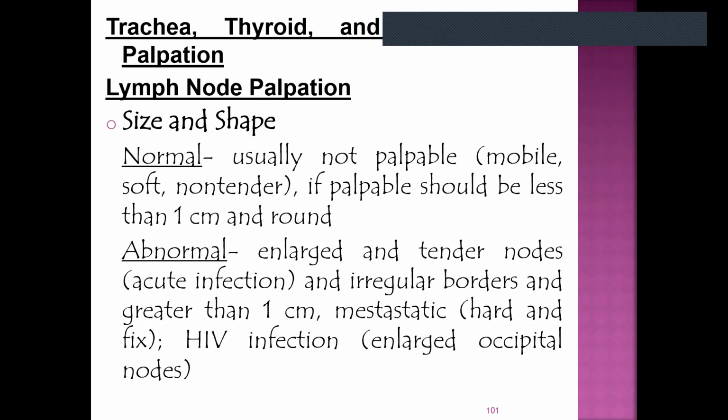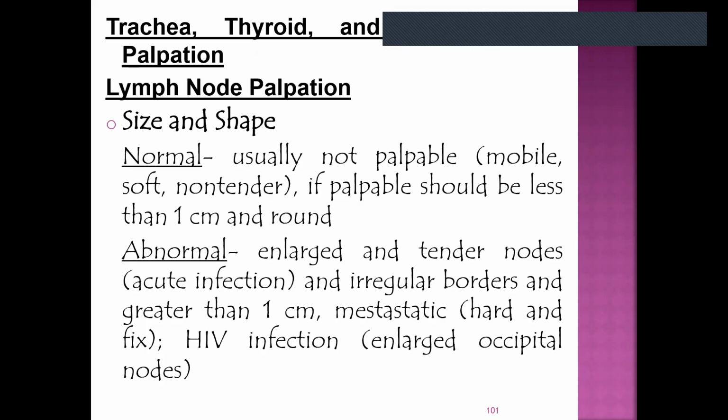In terms of lymph node palpation, it is not normal if there are enlarged and tender nodes, if there are irregular borders, and if greater than 1 cm. Now, in case of metastatic CA, they are hard and fixed.